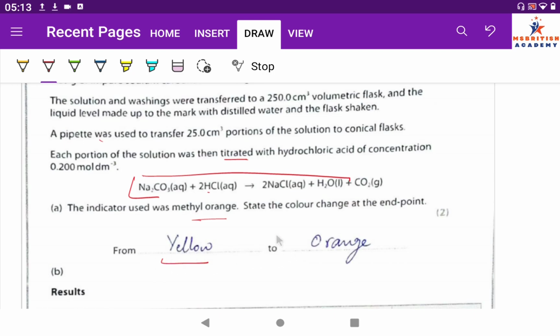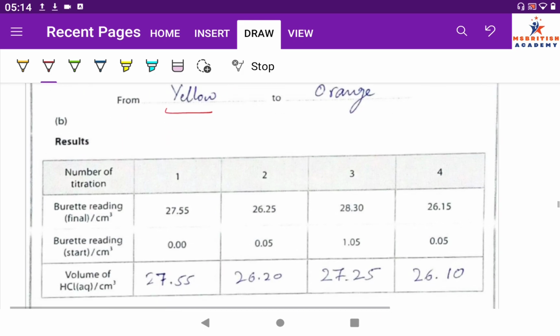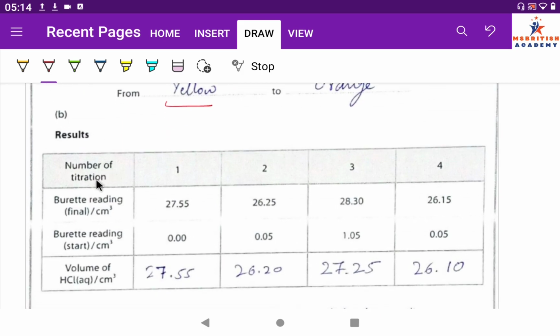So the results are: number of titrations, titration 1, titration 2, titration 3 and titration 4. The burette final readings were 27.55, 26.25, 28.3 and 26.15.